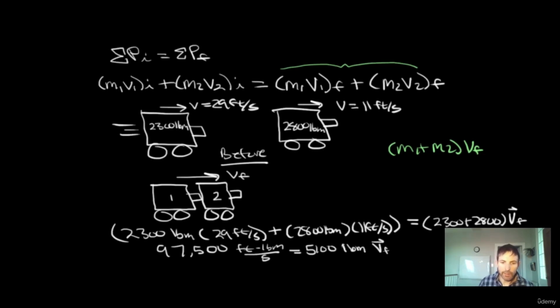So when we divide that out, you get your velocity final, which equals 19.1 feet per second.